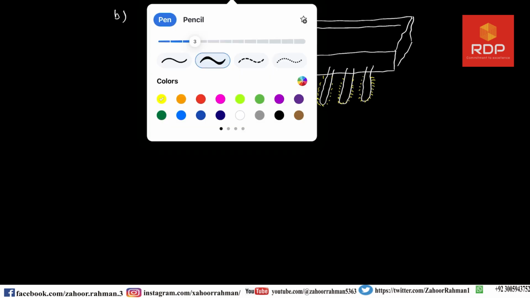The first one is of copper. The second one is iron. The third one is of wood, and the fourth one is of glass.